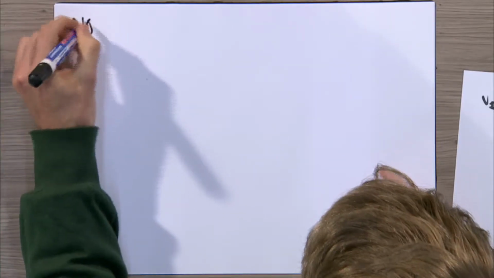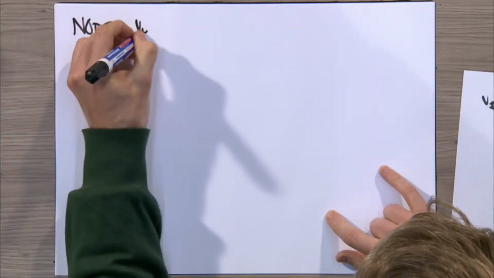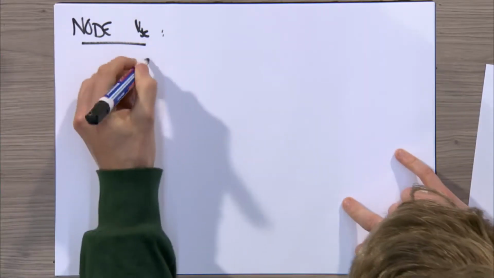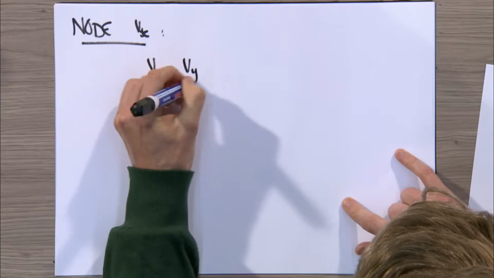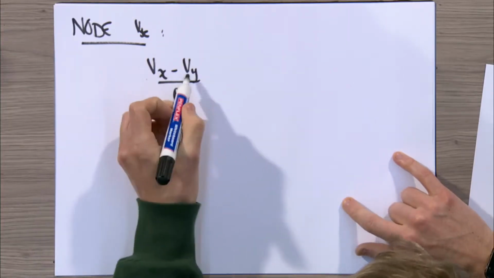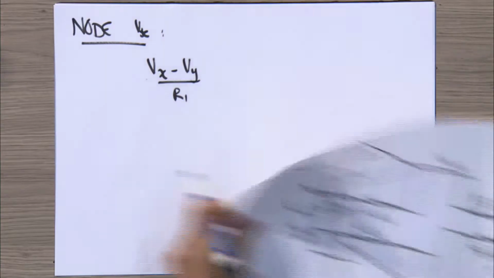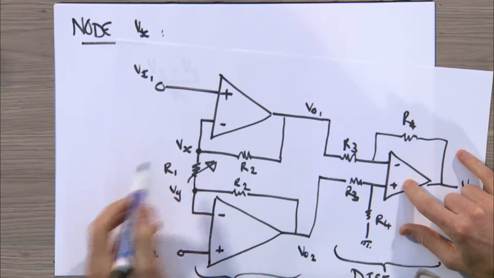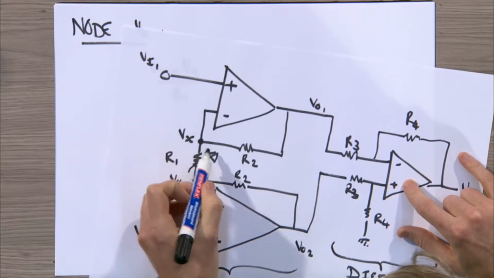So at node Vx, doing node analysis, Vx minus Vy, so that is this one over here, Vx minus Vy, current flowing out there, and also Vx minus Vout1.